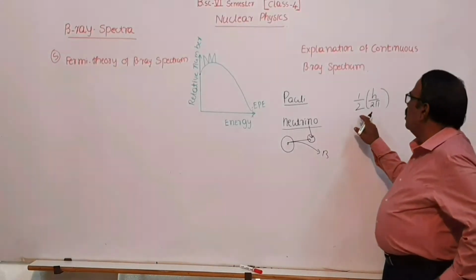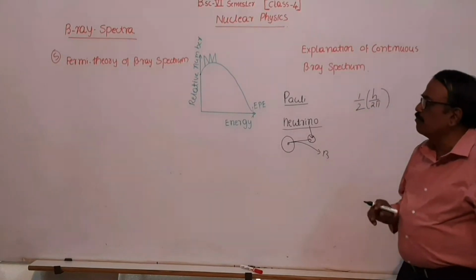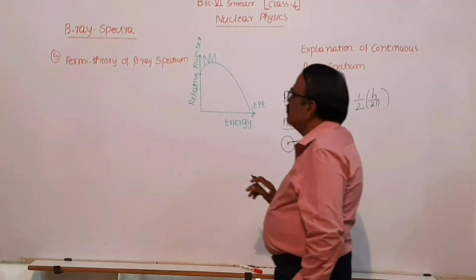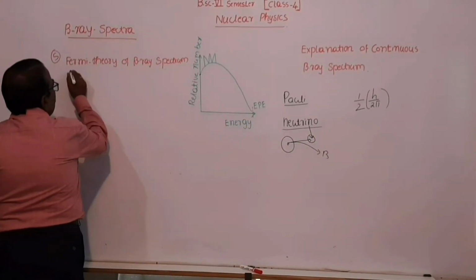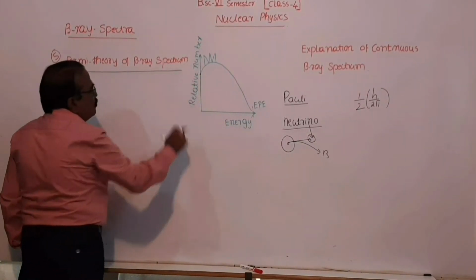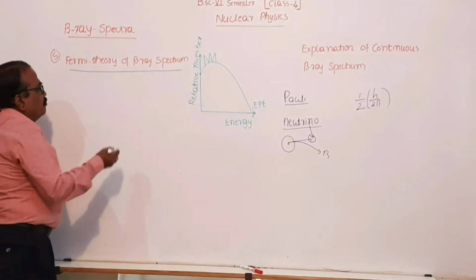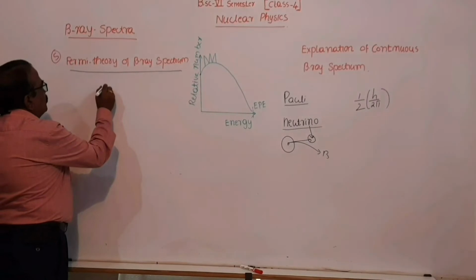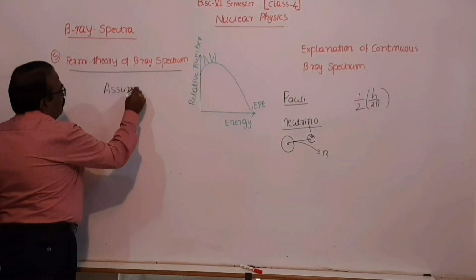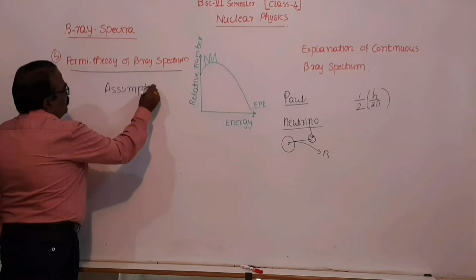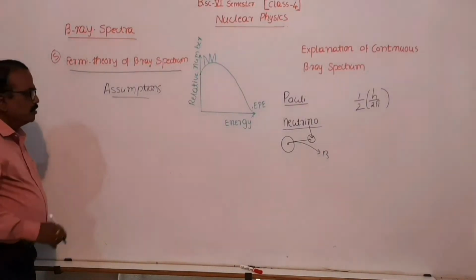It has only half spin, half h over 2 pi. Then, on the basis of this, you have to study Fermi theory of beta ray spectrum. Before explaining, Fermi made some assumptions.